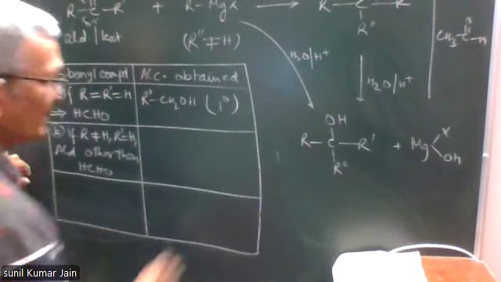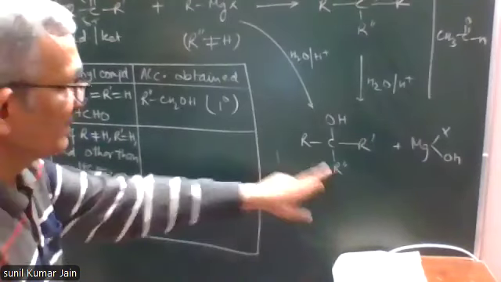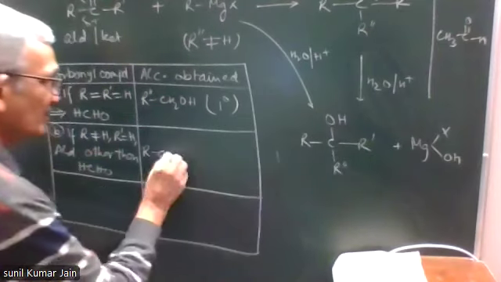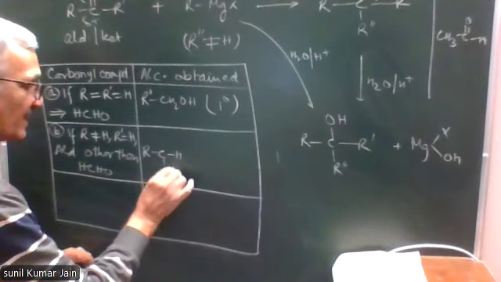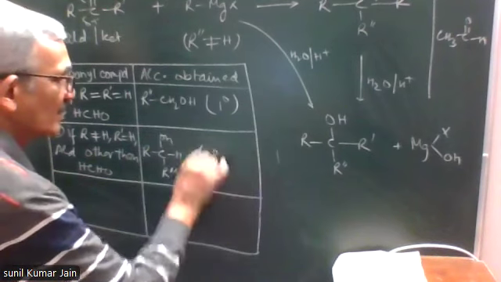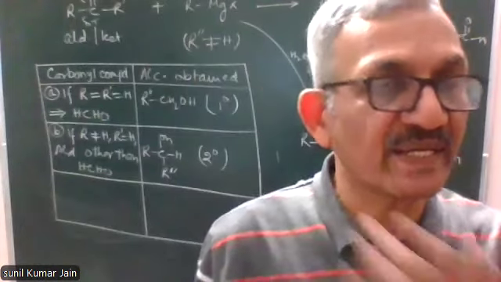Aldehyde other than formaldehyde. In that case, the product will be R-CH(R')-OH. It means the product formed will be a secondary alcohol.